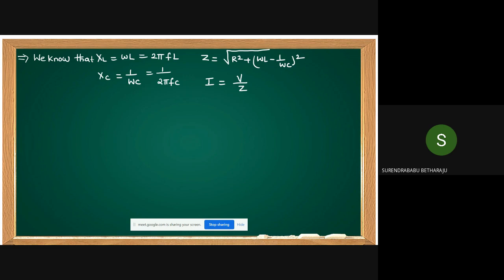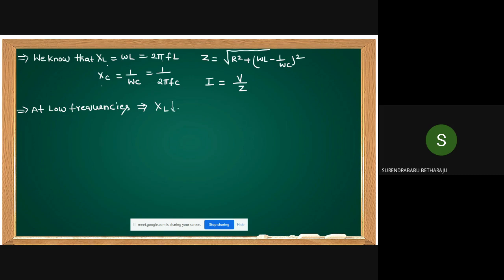Then from these observations, tell me, students, at low frequencies, that is, F has low values, which is more dominant? Because XL is proportional to frequency, XC is inversely proportional to frequency.